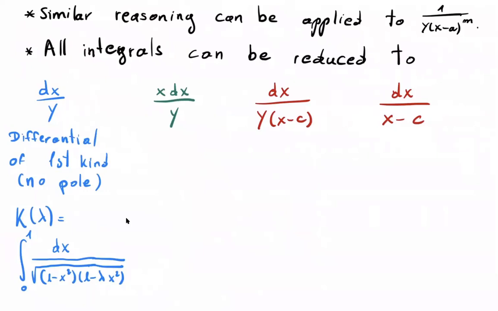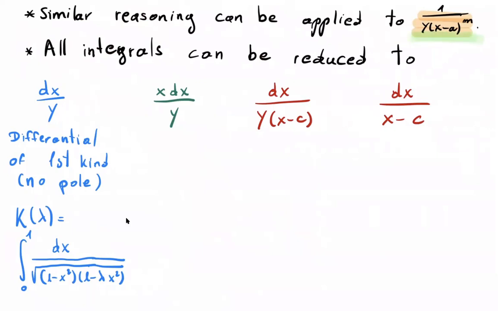Now you can play exactly the same game with this guy. And the conclusion will be that every integral of this type, dx over y times a rational function, will be reducible to any of these 4 objects here. The blue one, dx over y, x dx over y, dx over y times (x minus c), which comes from here.